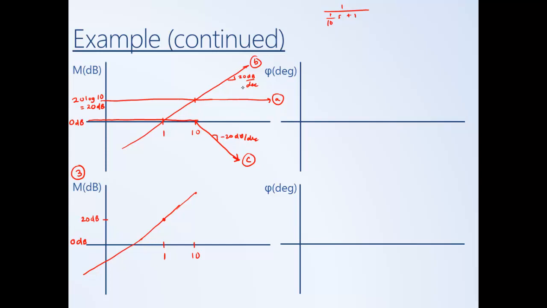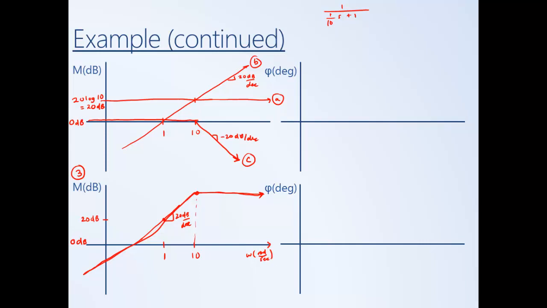If you add those three, 20 plus 0 plus minus 20, that sums to 0, and the slope flattens out. And so this is our Bode magnitude plot. It goes up at 20 dBs per decade, and then at 10 radians per second we level off flat. And this is versus omega in radians per second.